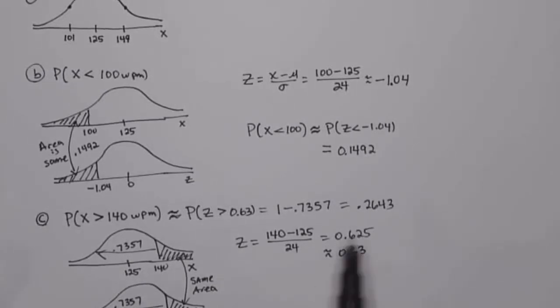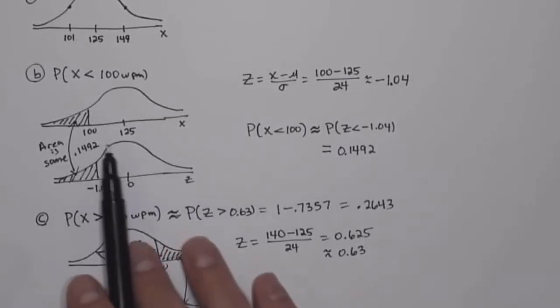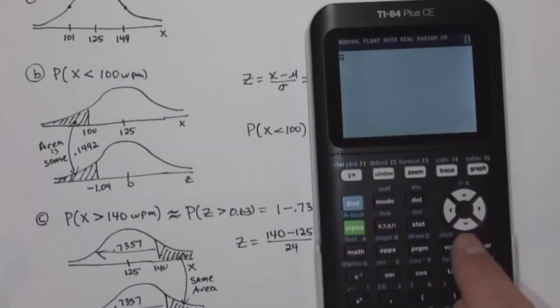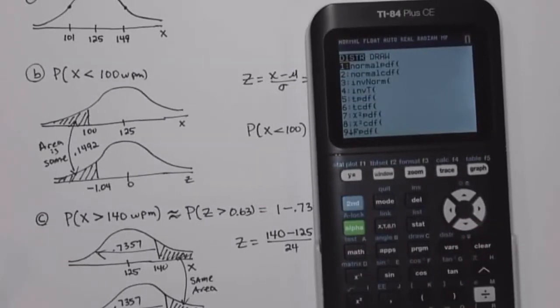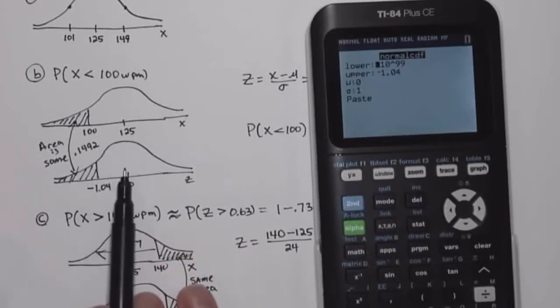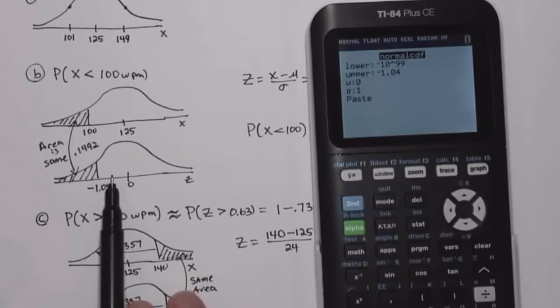Now, the only difference that I want to show you here is the truth is with the calculator, we don't even really have to find the z-score. So when I use the normal CDF command, I can do it directly from this problem. Okay, so I don't have to find the standard normal equivalent.